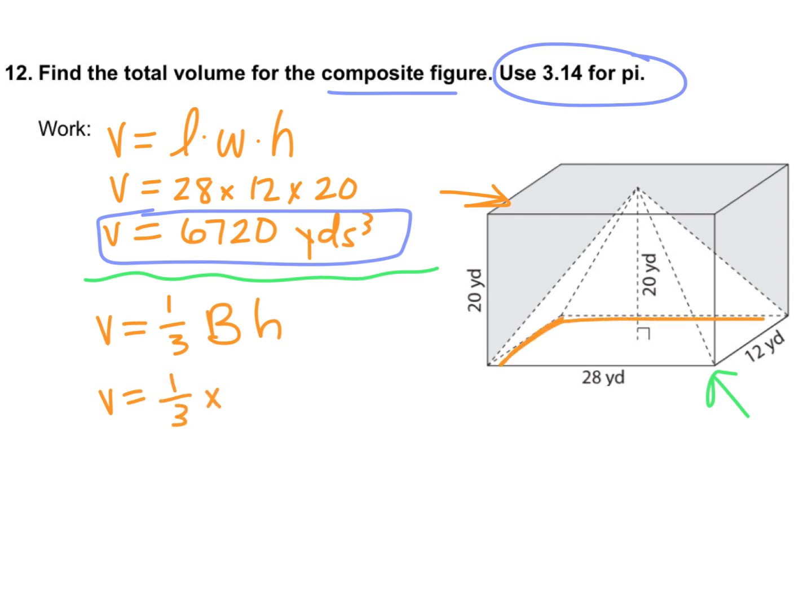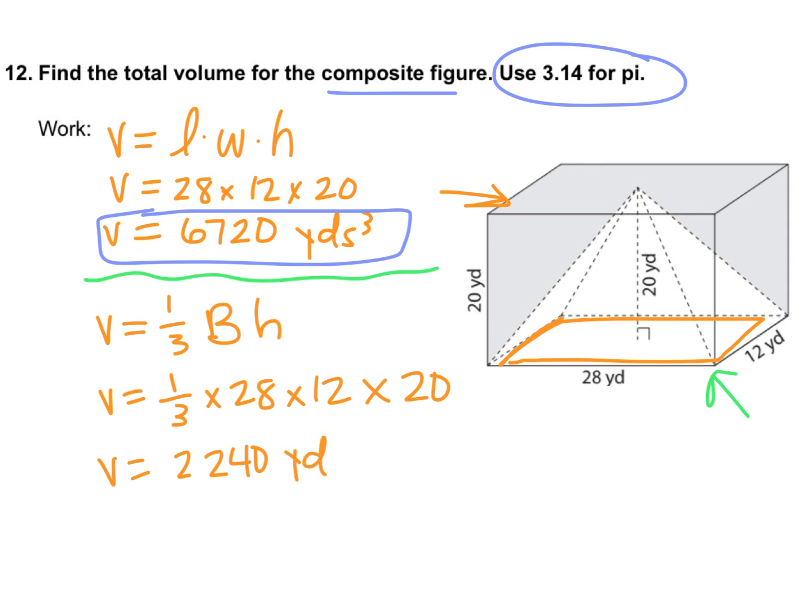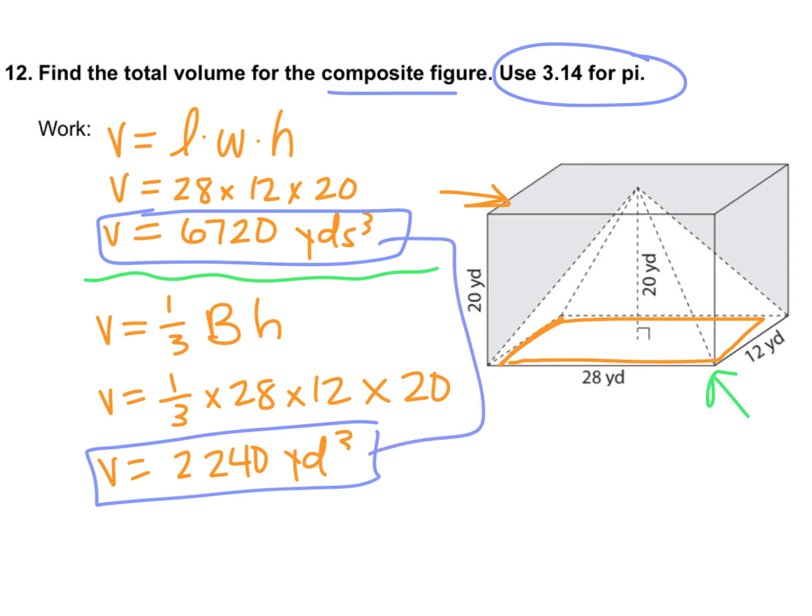The shape of this base is a rectangle, which is length times width. So I'm going to go 28 times 12, and then I'm going to multiply that by the height. Okay, so doing all that gives me 2,240 cubic yards.